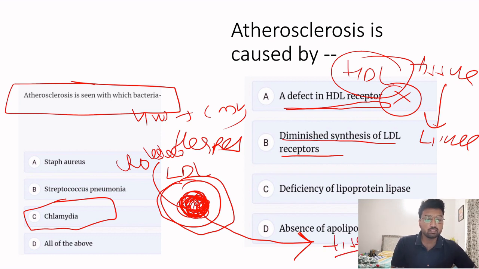The tissue has receptors for LDL. When there are no receptors for LDL, what will happen? This LDL will keep on staying in the blood, and after staying in the blood, it will go and cause endothelial injury and start entering inside the tunica intima. So it will lead to atherosclerosis. So the answer is diminished synthesis of LDL receptors.